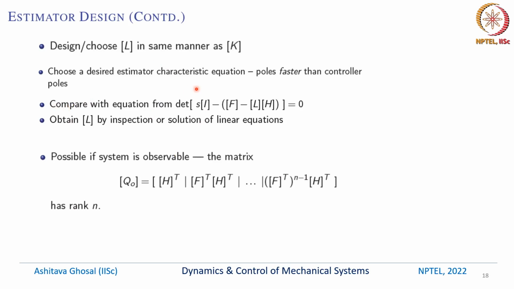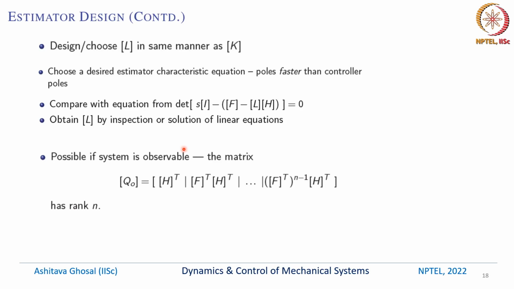And again, just like the way we chose the controller gains, we'll compare the desired estimator characteristic equation with determinant of sI minus f minus LH is equal to 0, and then we can obtain L by inspection or solution of linear equations. Exactly the same way as for controller gains, we can compare term by term and find L1, L2, L3 all the way till Ln.